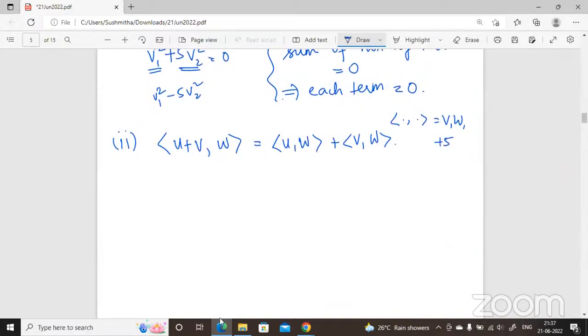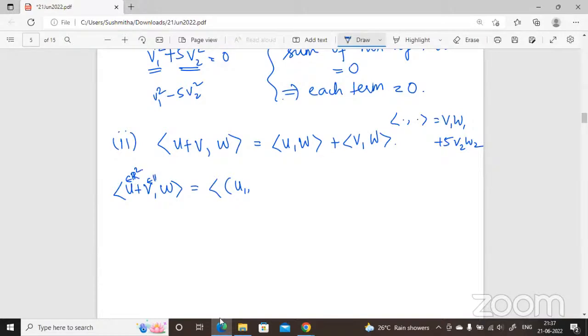V1 W1 plus 5 times V2 W2. Okay. So what is the inner product U plus V comma W? What is U plus V first of all? U plus V. All these vectors are in R2.